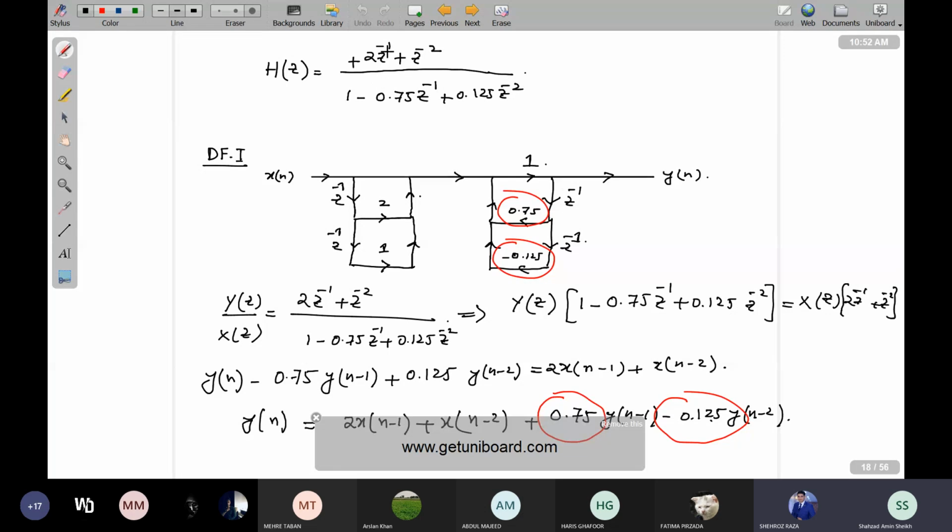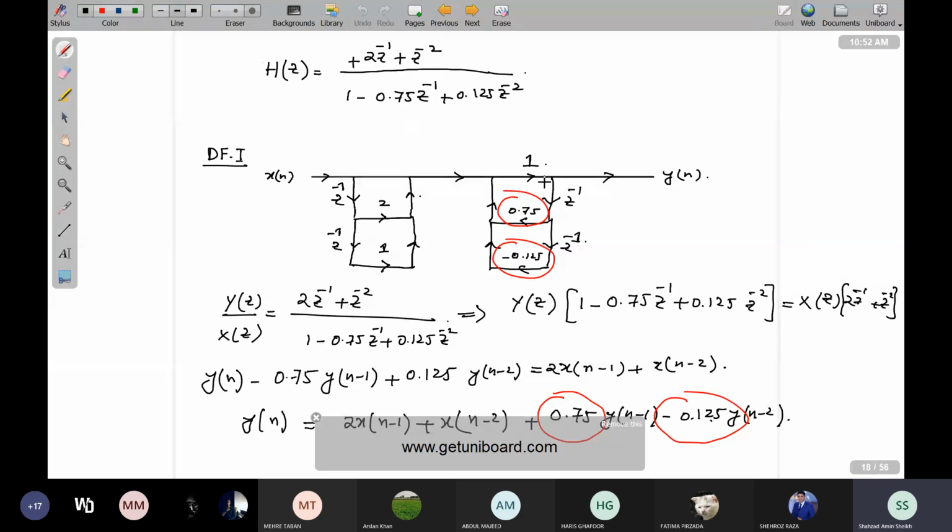I have two delays, z minus 1 and z minus 2, so you have put two delay elements, 2z inverse and 1z minus 2. So that's for x of n being passed through these delay elements and multiplied with these coefficients to get this numerator.